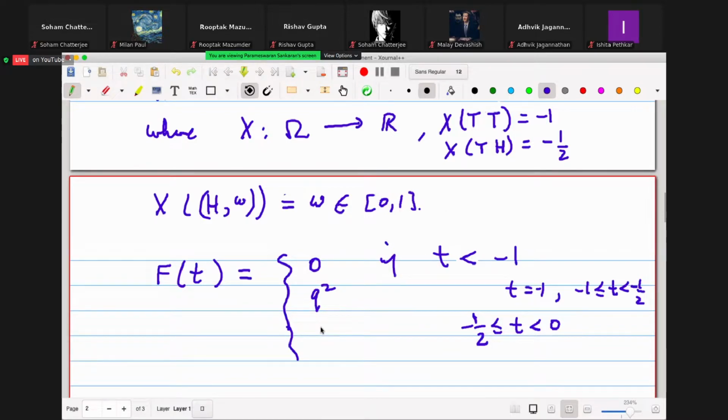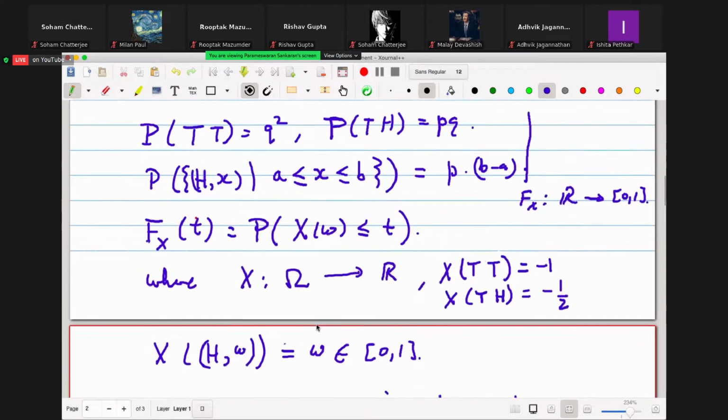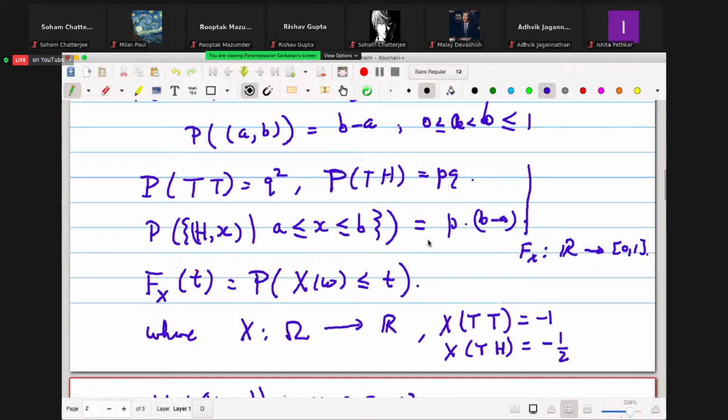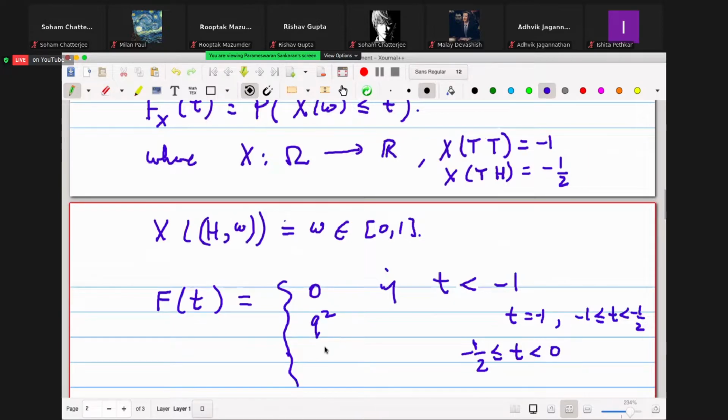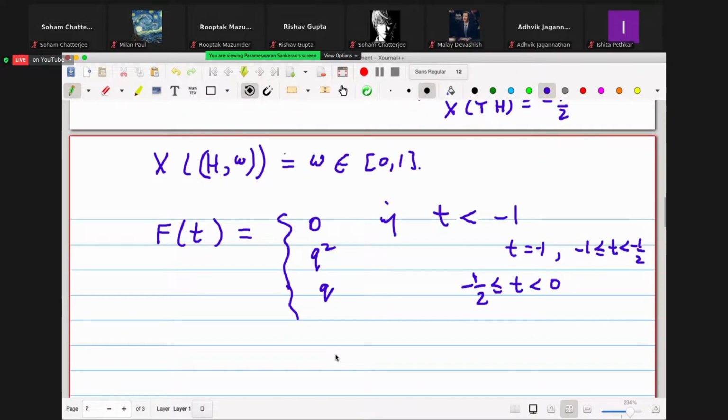You just have to add these two probabilities, because T T is q square, T H is pq. So if you add it, you will get q, since q is common and p plus q is 1.